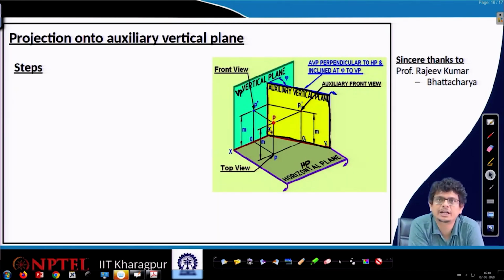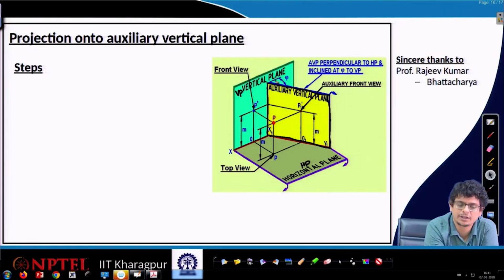This is an auxiliary vertical plane because it makes a 90 degrees angle with respect to this horizontal plane, but makes an inclination angle with the vertical plane. Whatever the vertical plane we have, there is an angle with respect to that, and because of that we call this plane the auxiliary vertical plane, and there is a point P.